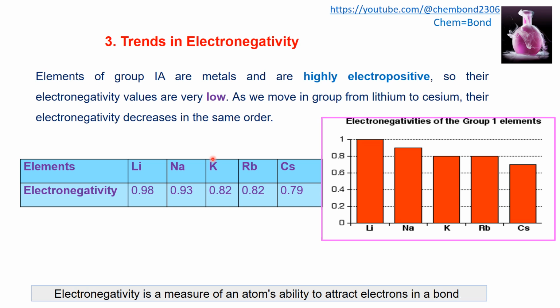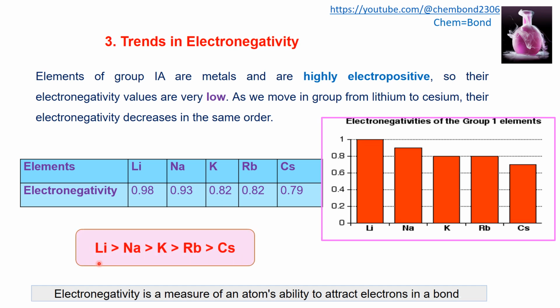So the nuclear attraction of potassium and rubidium is the same, because the size of potassium is abnormally high and equal to rubidium. So they will have equal attraction for the shared pair of electrons, and their value is reported as the same, 0.82, up to 2 decimal places.